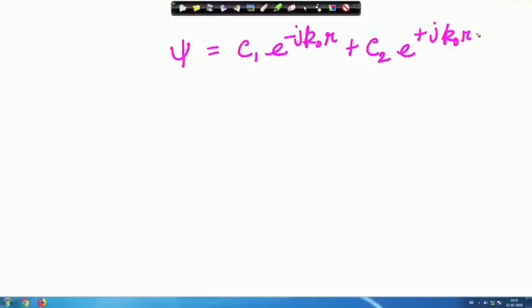So, at an infinite distance from the source, the value of the field should go to 0. So, out of this, if I choose phi is equal to C2 e to the power plus j k naught r, you know this is a wave which is coming inside, and if I put r is infinity, then this value becomes infinite.